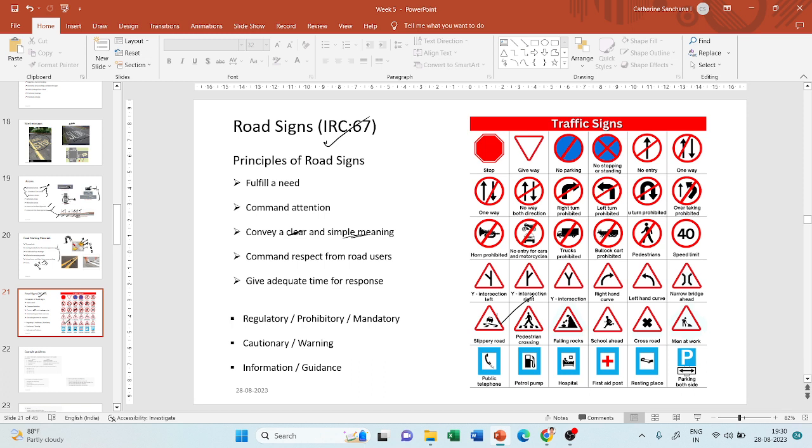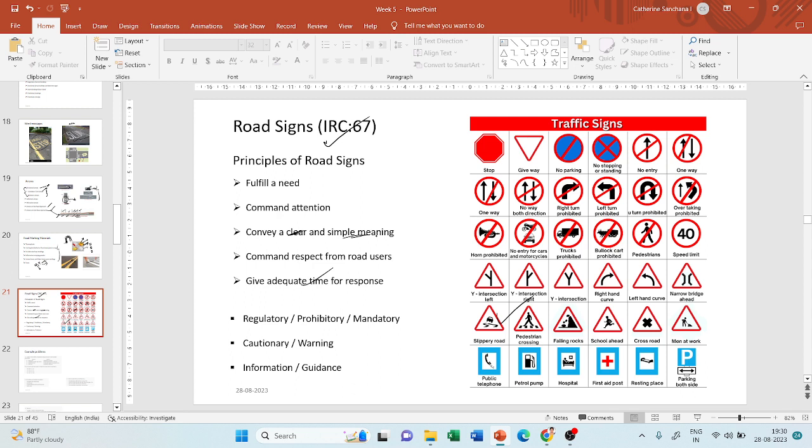You will tell them much ahead of the slippery road's existence, so that it gives a proper time for the drivers to respond. So it will give you adequate time for response.